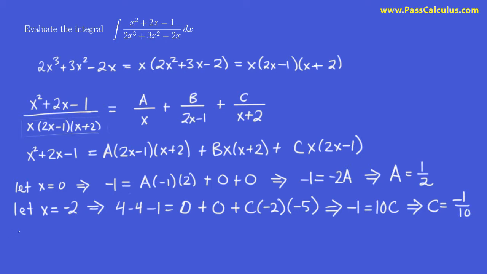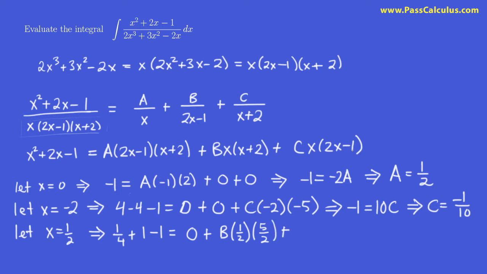Good. For our last number, let's let x be the number which makes this factor 0, which is 1/2. When x is a half, squared is a quarter. 2 times a half is 1, minus 1. x being a half makes this 0. And over here we have B times a half. A half plus 2 is 5 halves.